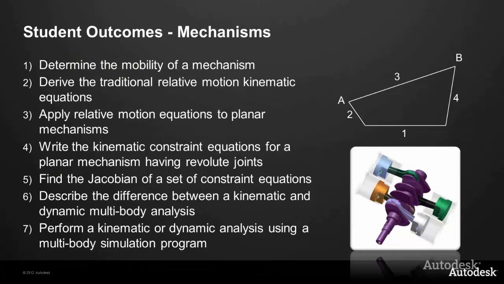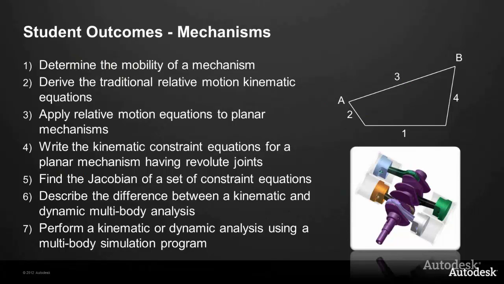My experience has been that if they can derive the equations, they have a much better shot at being able to solve them without getting tangled up in all the different cross products and so forth that are required. They then have to be able to apply those traditional equations to find the motion, that is position, velocity, accelerations, etc., for a planar mechanism. Then outcomes 4 through 7 are associated with the multi-body content.